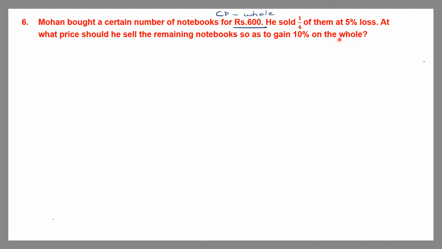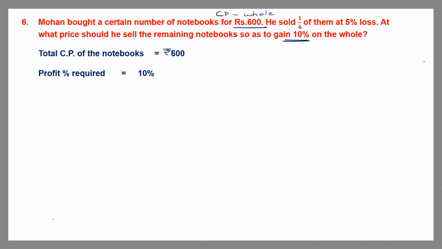Okay, so here to find out the selling price of the remaining notebooks, first we have to find out the selling price of the whole. Selling price of all the notebooks, then the selling price of one-fourth of them. When we subtract that, we will know the selling price of the remaining notebooks. So let's begin by saying total cost price is 600 rupees and the profit required, it's given to us.